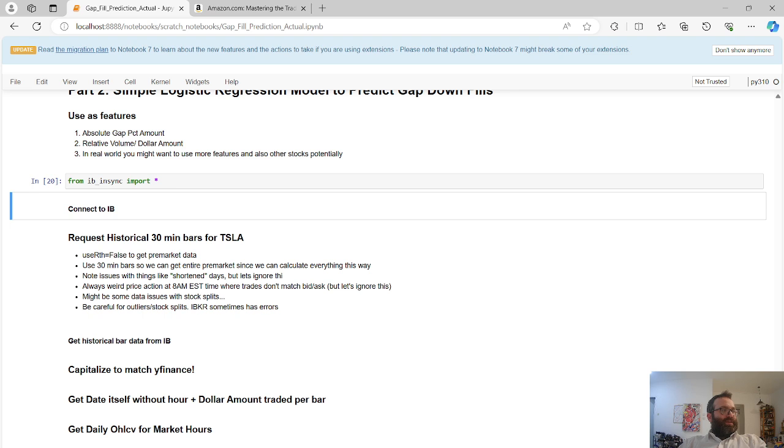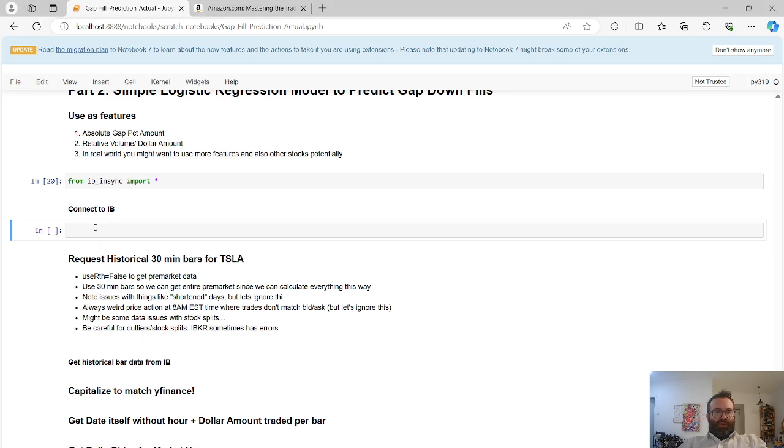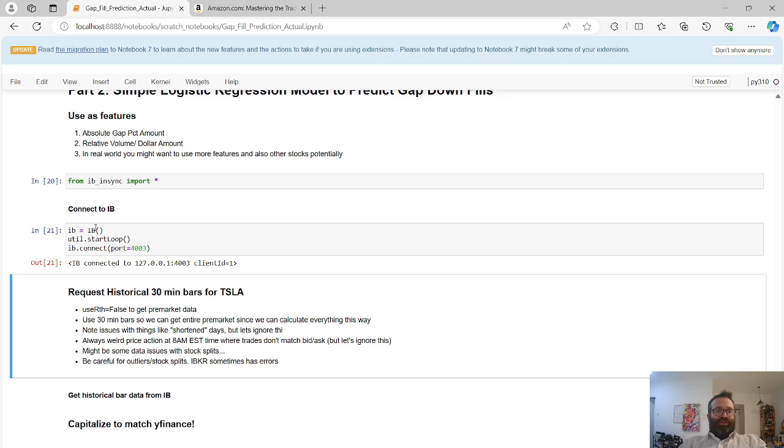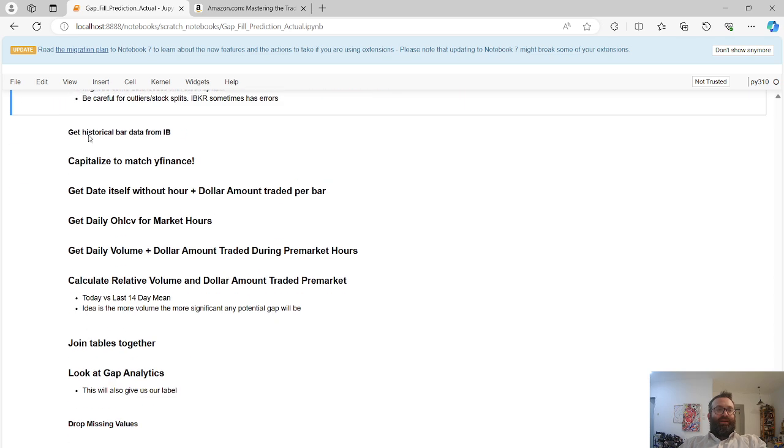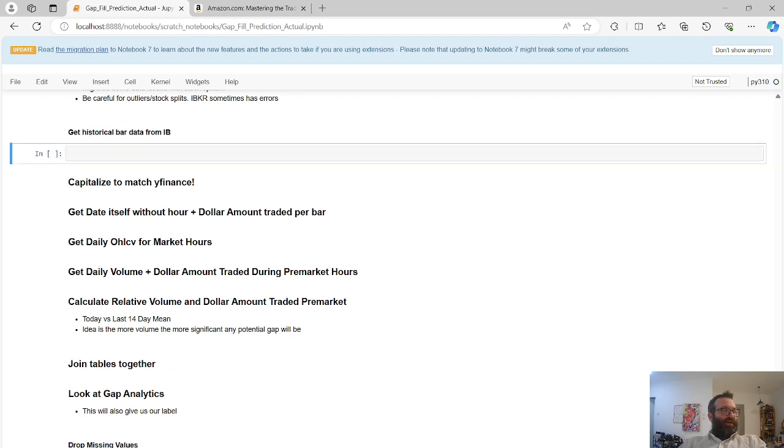Okay, so first we connect to IB, of course. And soon I will have, for beginners, an IB in sync end to end. Okay. So now let's get historical data from IB. So we define a symbol equals, let's say, Tesla.